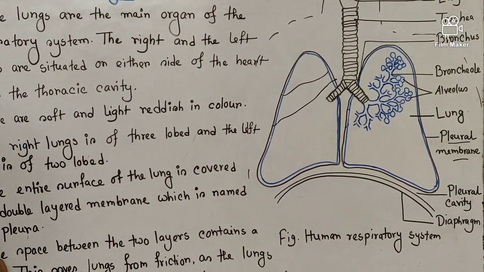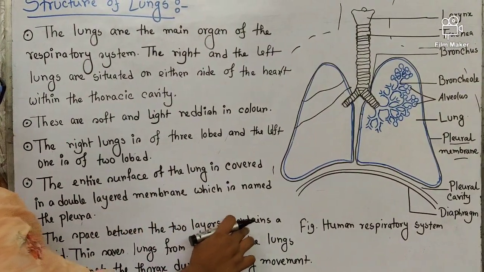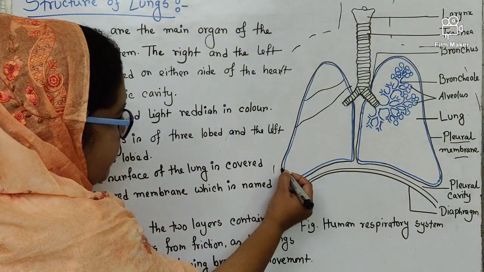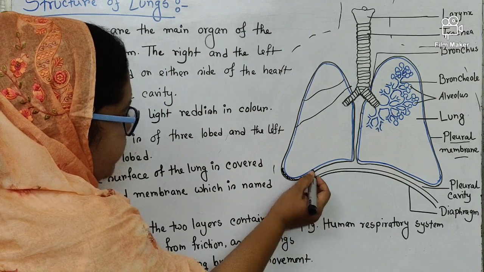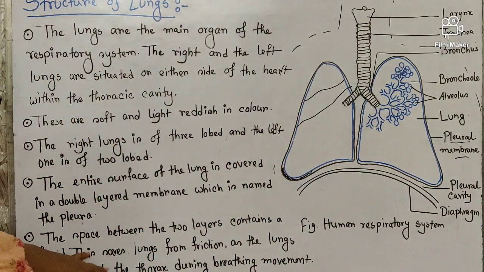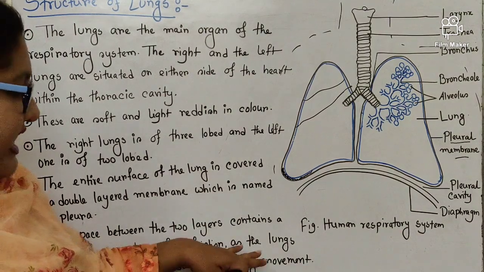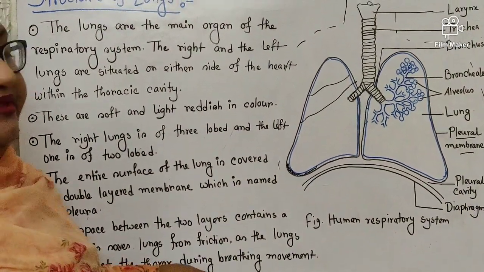Next point. The space between the two layers contains a fluid. So this is the gap or space between the two layers which contains a fluid. This fluid saves the lungs from friction as the lungs rub against the thorax during breathing movement.